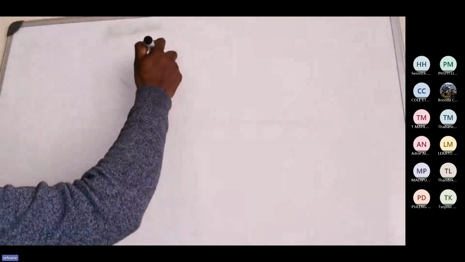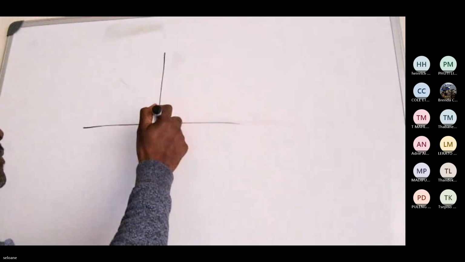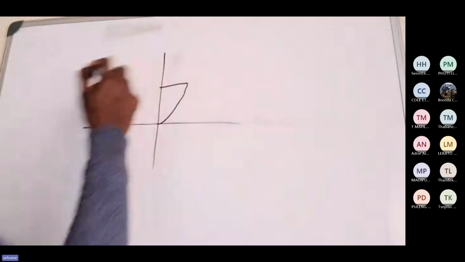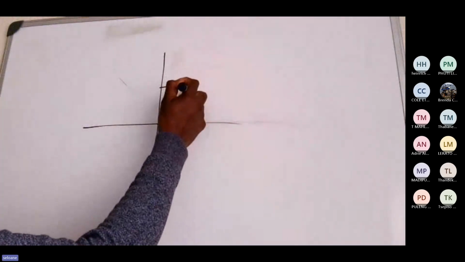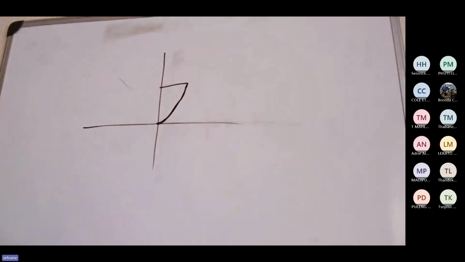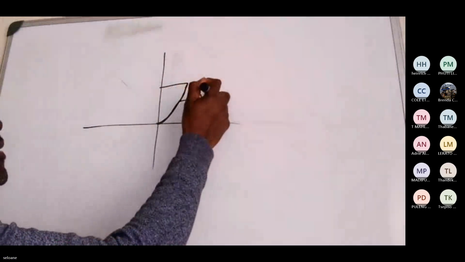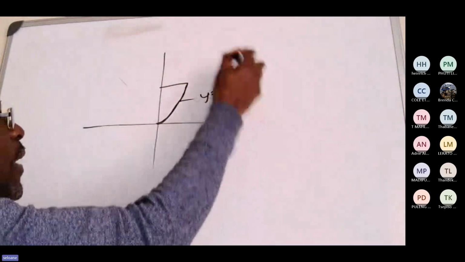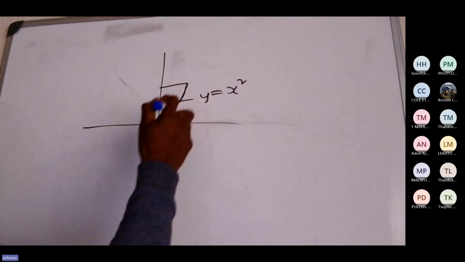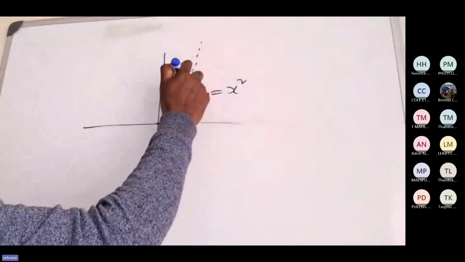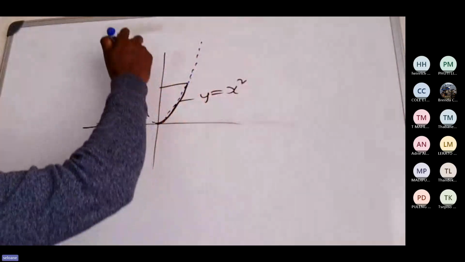Let's take this region, where this is part of the equation y is equal to x squared, meaning the full graph y is equal to x squared will be something like this. The full graph is this.